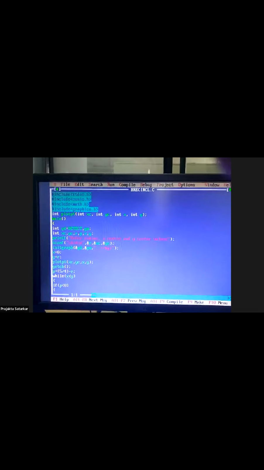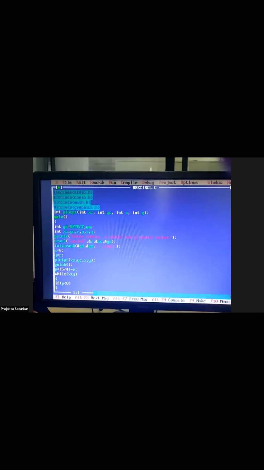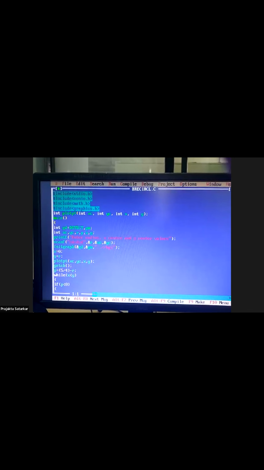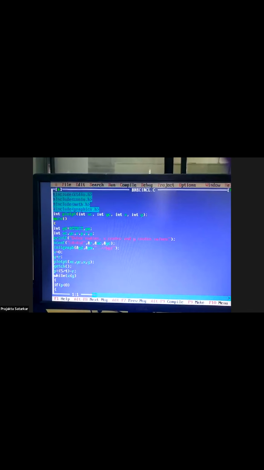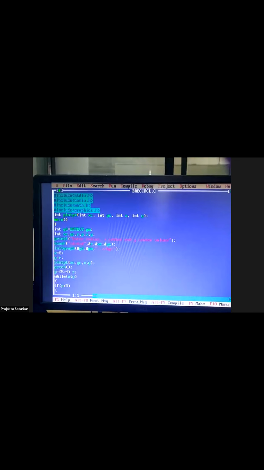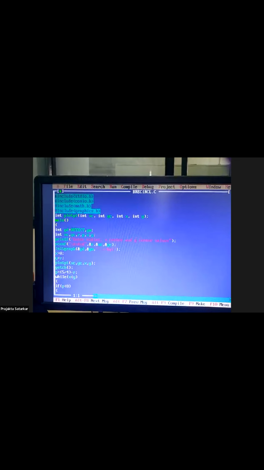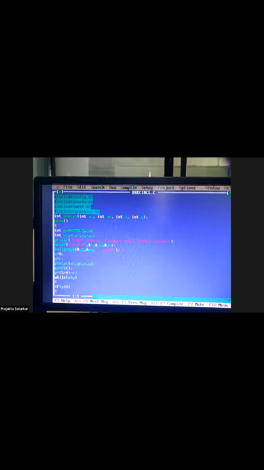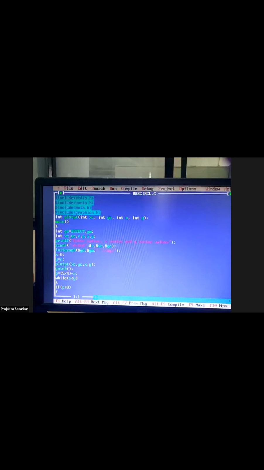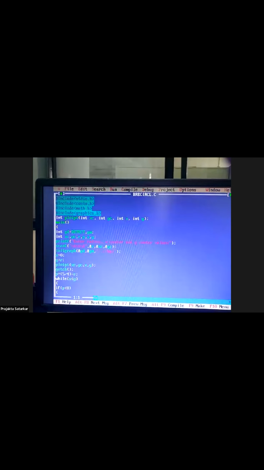Here we are using the plot point function, in which we take 4 variables: XC, YC, which are nothing but the center points, because in our algorithm we are considering the origin as the center of the circle, but it is not always true.